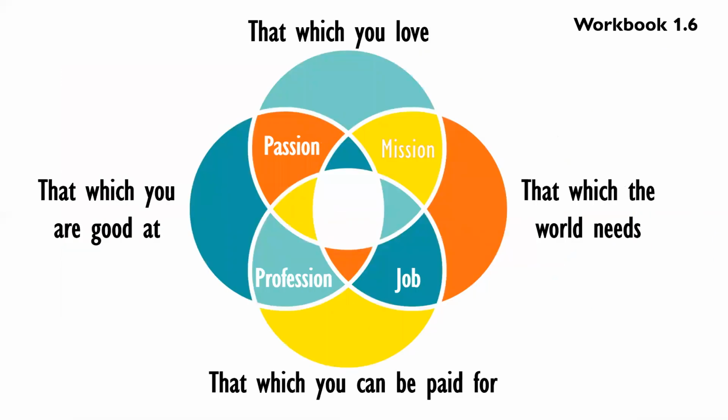Another way of viewing purpose is the intersection of that which you love, that which you're good at, that which the world needs, and that which you can be paid for. In your workbook on page 4, section 1.6, on the blue lines, write down 2 activities that apply to you in each area, work-related or otherwise, like a personal passion, hobby, or skill set.